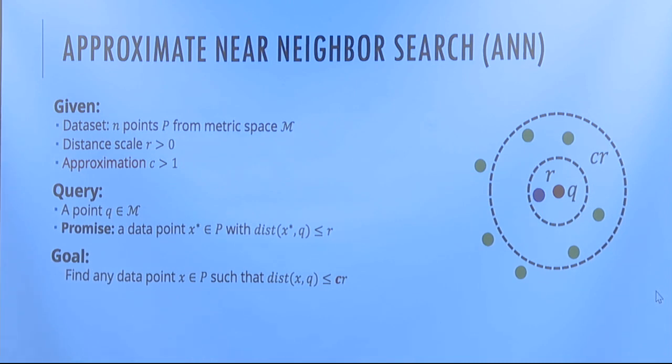In a setting where I have a bounded aspect ratio, some bounded ratio between the smallest and largest distances, it's pretty easy to see. Think of Hamming space where every distance is between 1 and d.